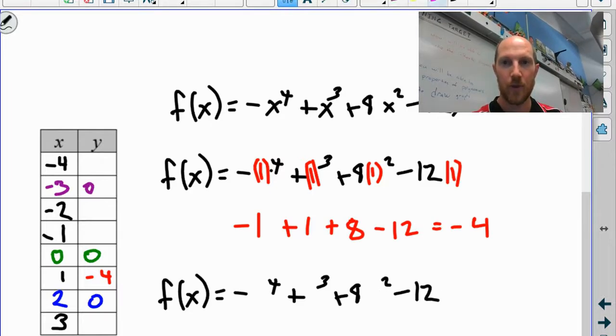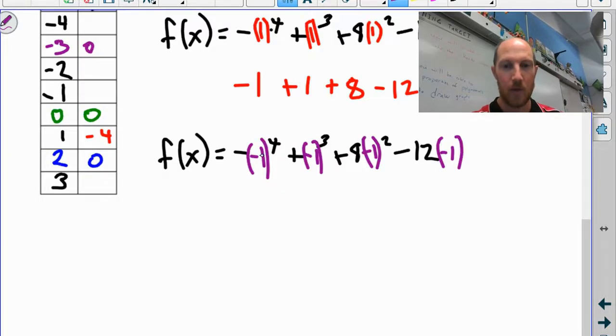So we're going to change all those x's into negative 1, negative 1, negative 1, negative 1. Negative 1 to the power of 4 is positive 1, but then make it negative, so that's negative 1.